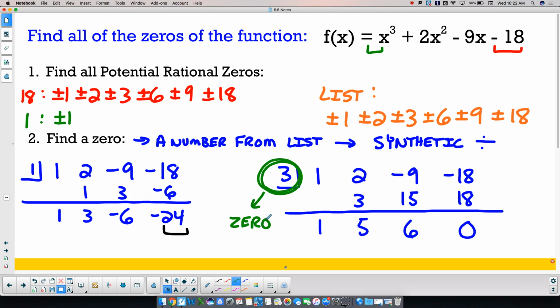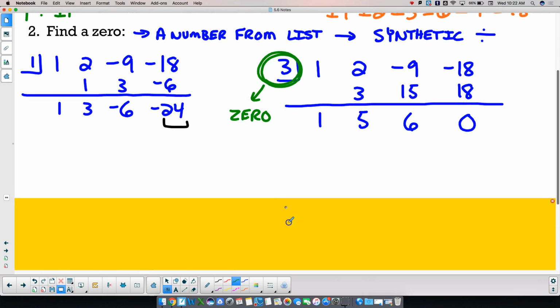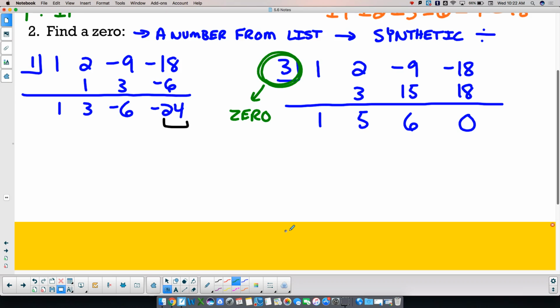If 3 is a 0, what else gets told to me from that? What's the factor?